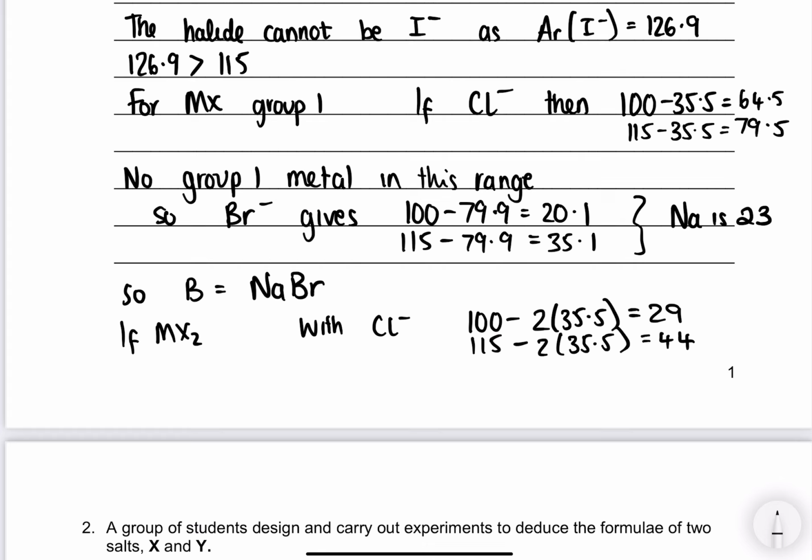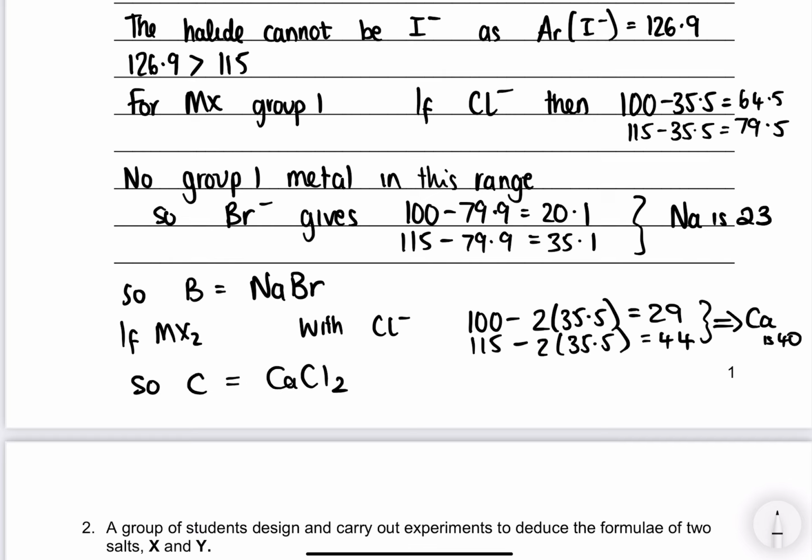If we look in group 2, between 29 and 44, we get calcium at 40. So C equals calcium chloride.